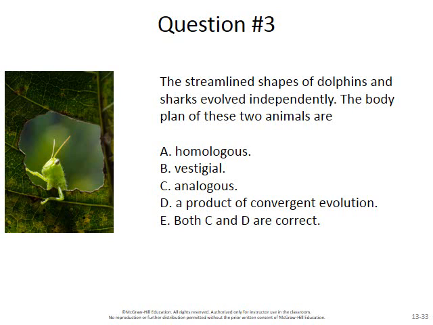A product of convergent evolution. So the pressures of living in the ocean and swimming are shared by both of these creatures. And the reason that these analogous structures, this streamlined body shape, has formed is because of the pressure of living in the ocean. So both C and D are correct.